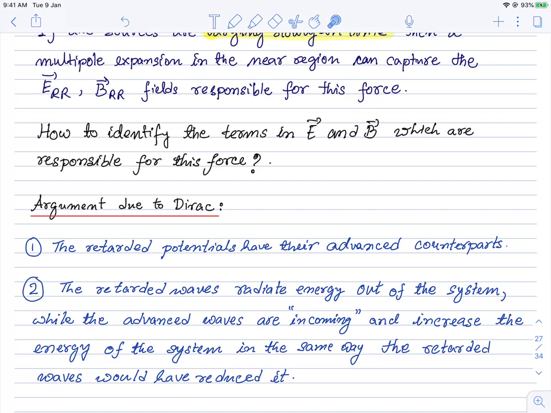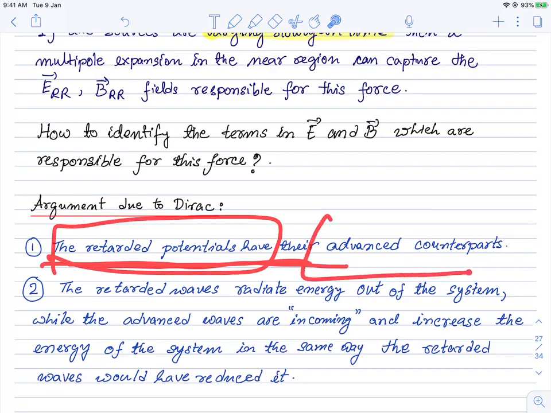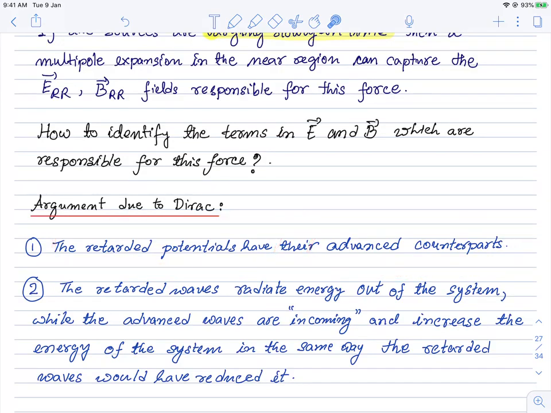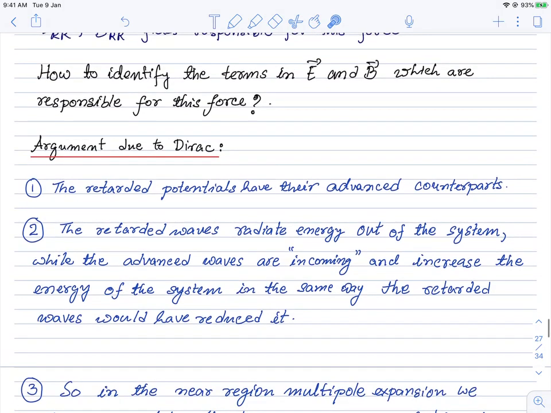You know that there are two solutions to the wave equation. The retarded potentials are there, as well as the advanced potentials, which are the counterparts of the retarded potentials and also solve the wave equation. Now, the retarded solutions are responsible for the radiation going out. They are the ones that make the charge density and charge current radiate energy and thereby lose energy.